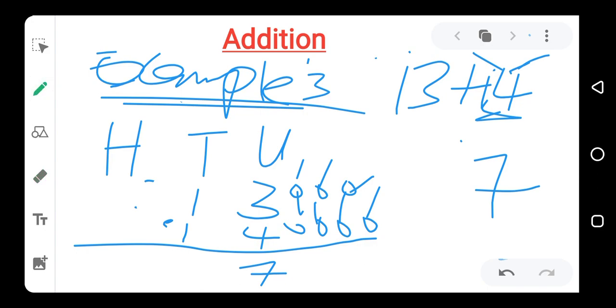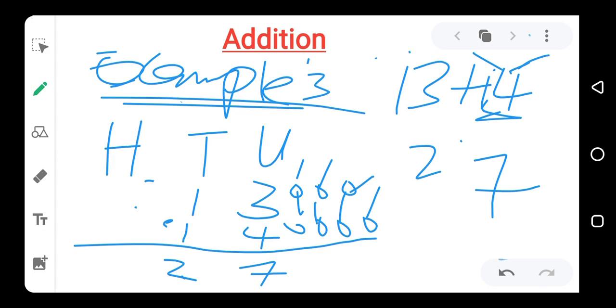And 2 has only 1 digit, so we put it under the tens. So we write 2 here. So it becomes 27. So this is how to do addition in hundreds, tens, and units.